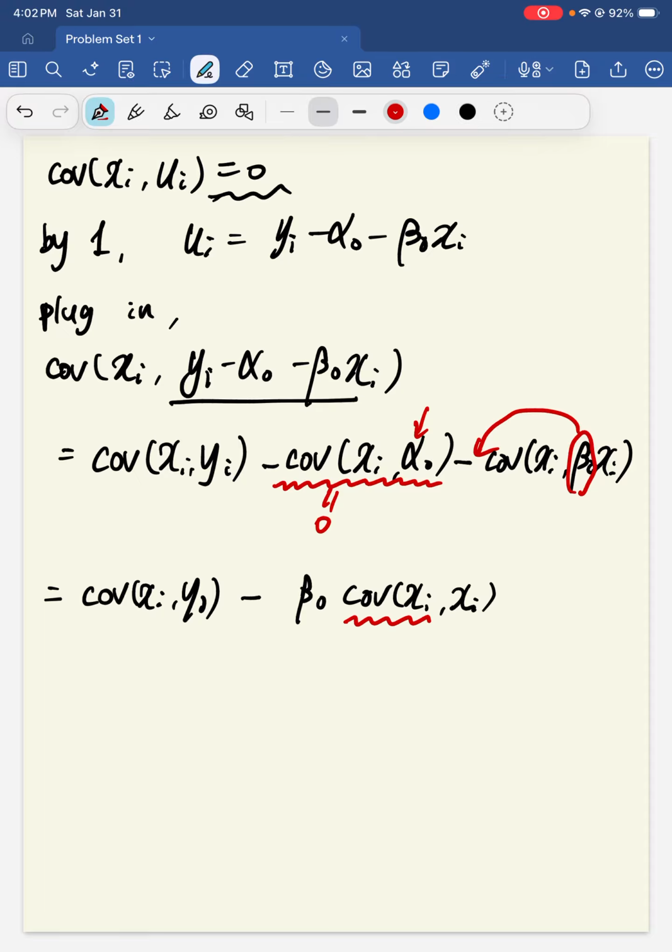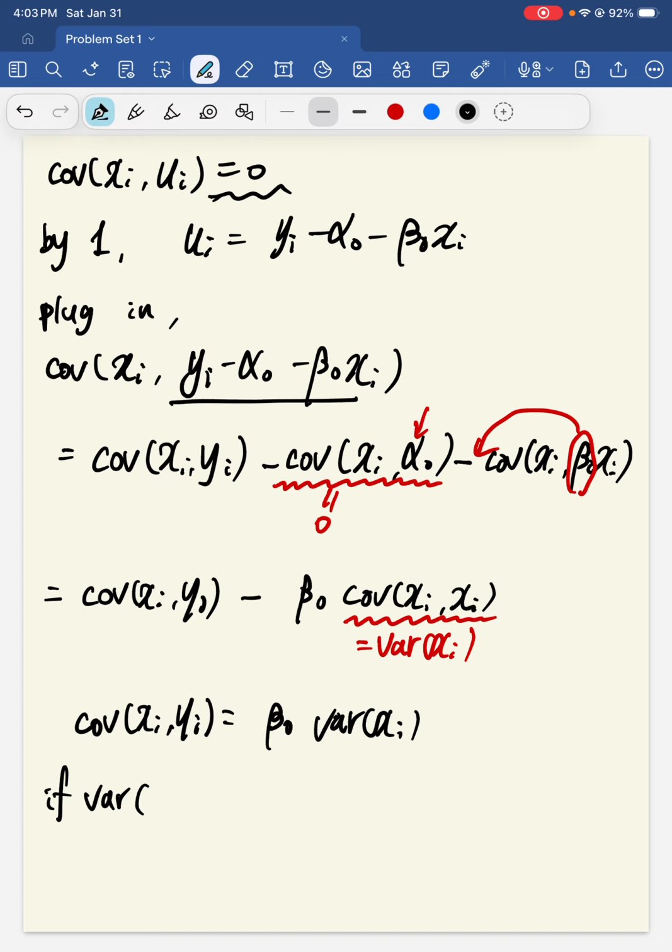And again, the covariance between x and x itself equals the variance of x, that's the definition. Then because it is 0, we may rewrite covariance xi yi equals beta 0 variance xi. Okay, then if variance is not 0, which is already assumption 3, then beta 0 is covariance divided by variance. Proof is done. This is how we prove it.